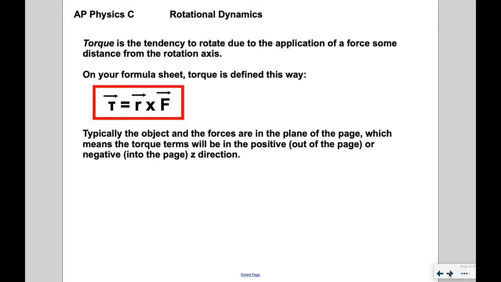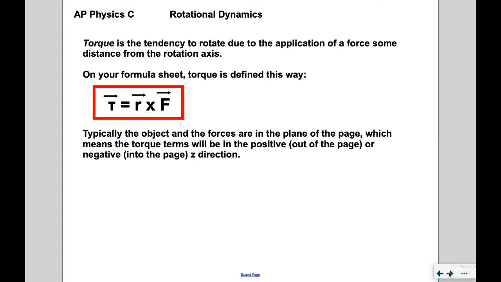Typically, the object and the forces on it are oriented in the plane of the page, which means that the torque terms would be out of the page in the positive z direction or into the page in the negative z direction, using the standard sign convention.